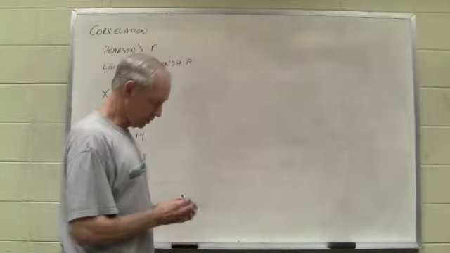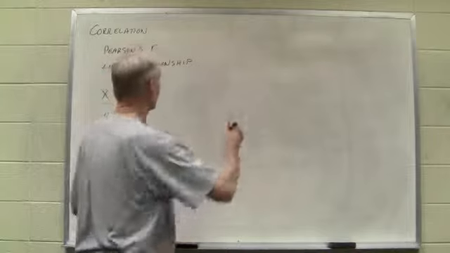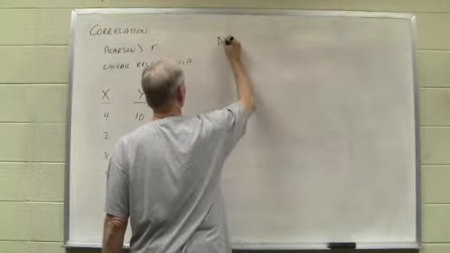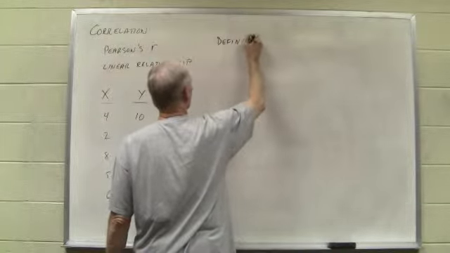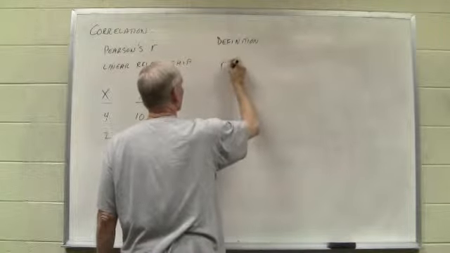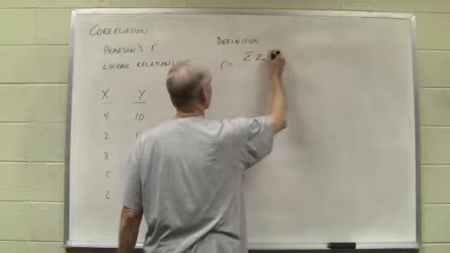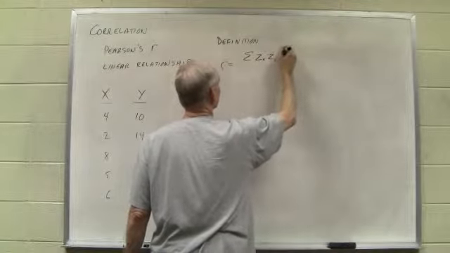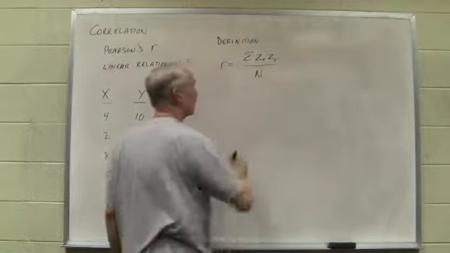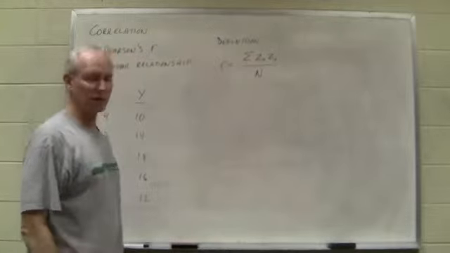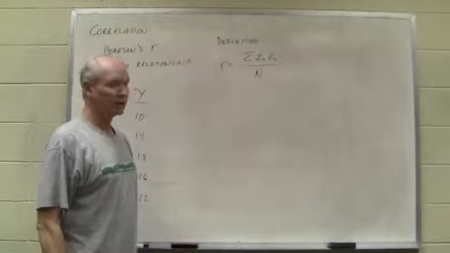Like many statistical formulas, there are a couple of possible ones. There's kind of a definitional formula. R is equal to the sum of all the zx times zy values divided by n.